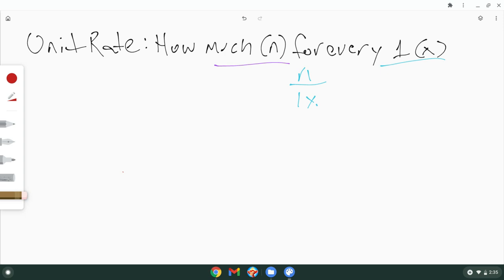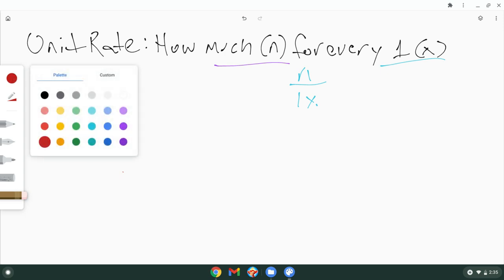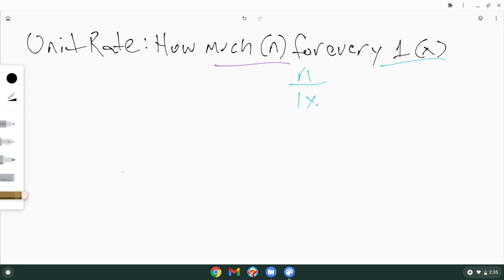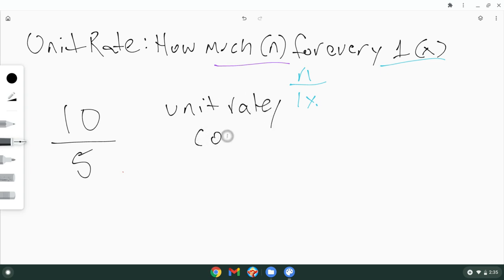Say I have somebody who takes their allowance. They have $10 in an allowance, and they buy 5 comic books. Well, then I want to know, what is the unit rate per comic book?